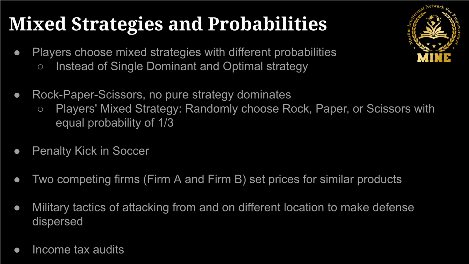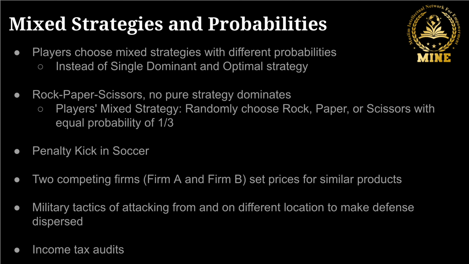Similarly, two competing firms, Firm A and Firm B, set prices for similar products by using a strategy where they should not fall within a certain range or go beyond a certain range with a given probability.